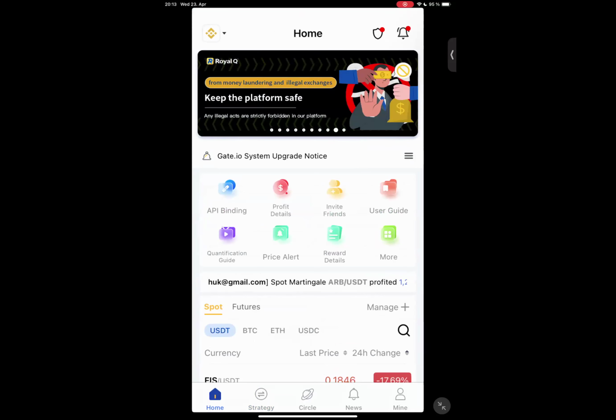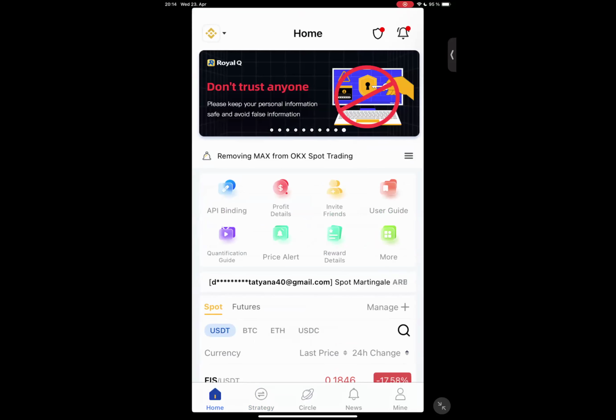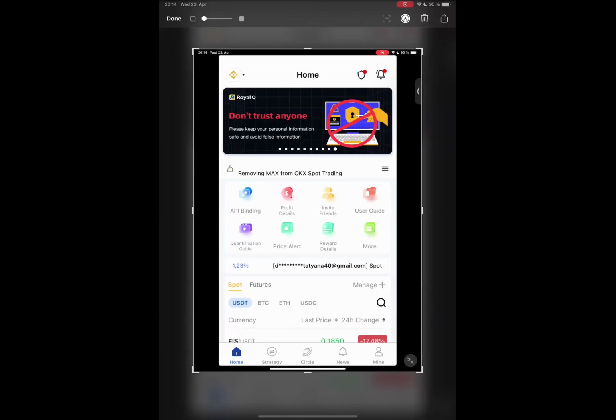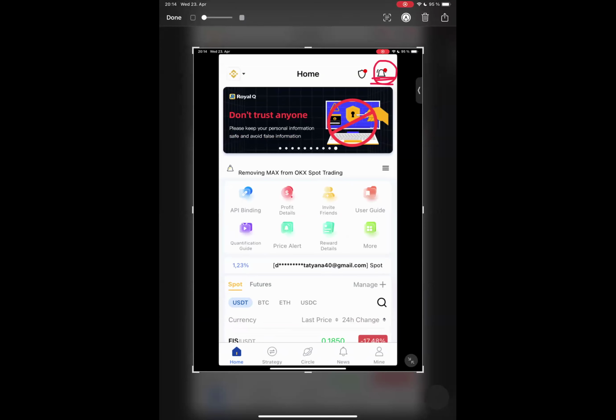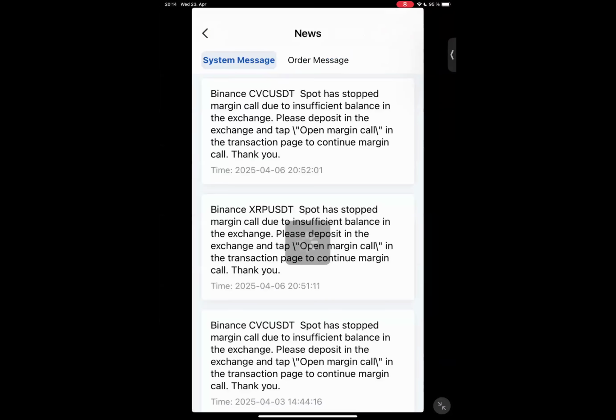If you want to know where to check the updates, whether a coin sells or buys for you, you will see it at the top right corner over here, this notification bell. Anytime you see a red dot beside it, it simply tells you that there are unread messages you have to take note of. That is if you want to know which coins are buying or selling for you.